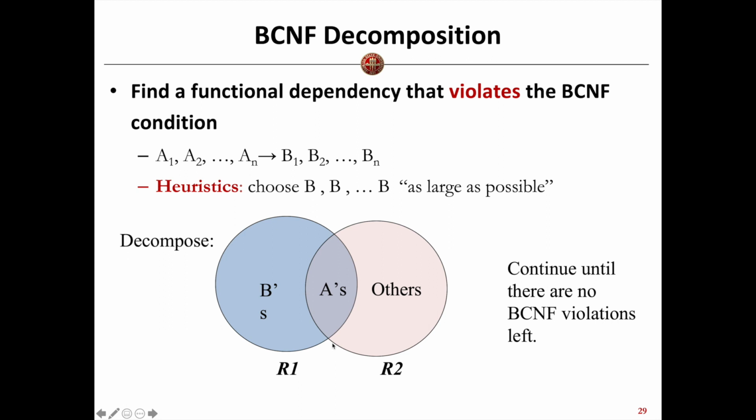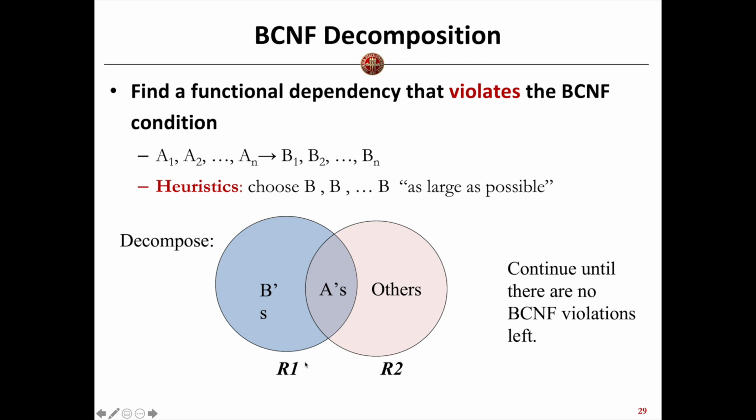And we combine the A attributes with the remaining attributes in the relation, and they will compose another relation, R2, as shown here. So R1 will be a new relation including the A attributes and the B attributes. R2 will be another relation covering A attributes with the remaining attributes in the relation. In this way, we can decompose a relation into two relations, R1 and R2.